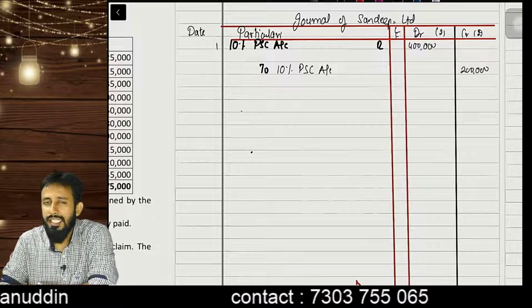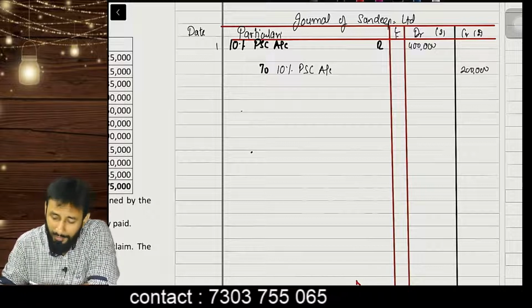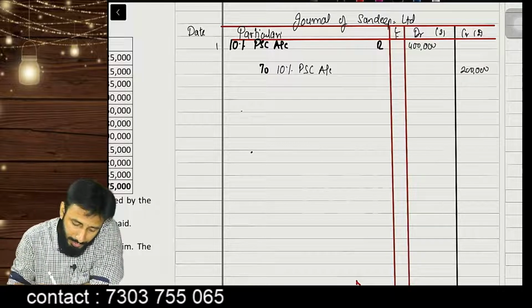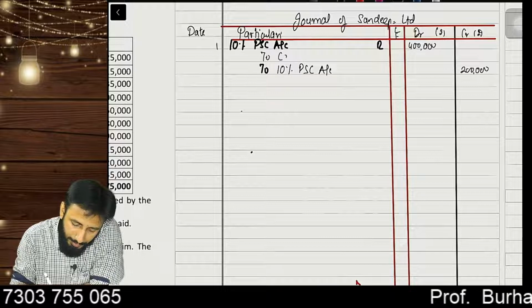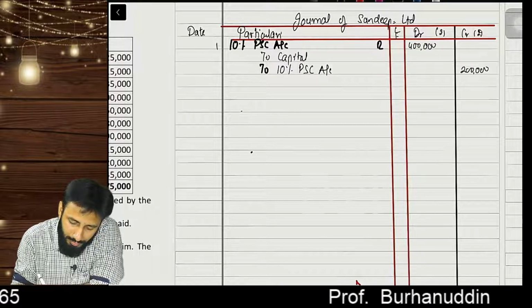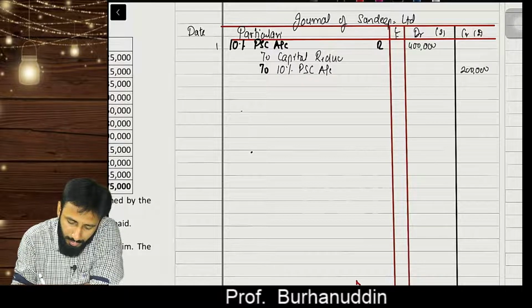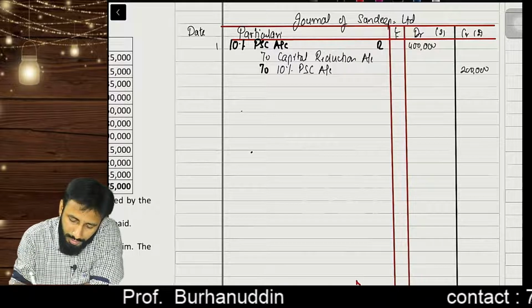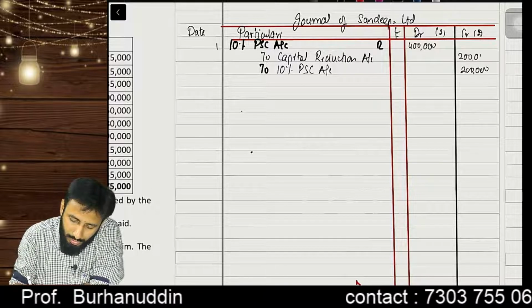I am taking 100 rupee ka preference share. I am giving them 50 rupee ka, and the remainder amount will be going to capital reduction account, 2 lakh.